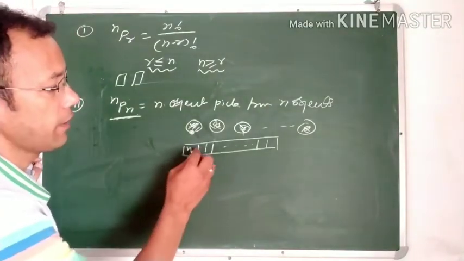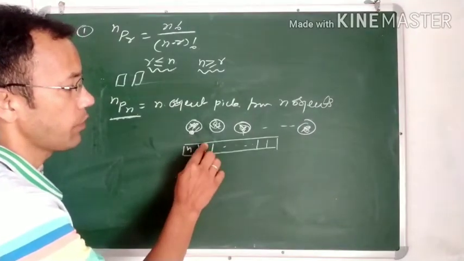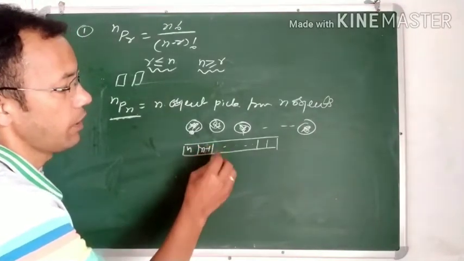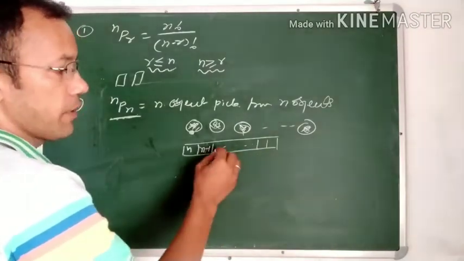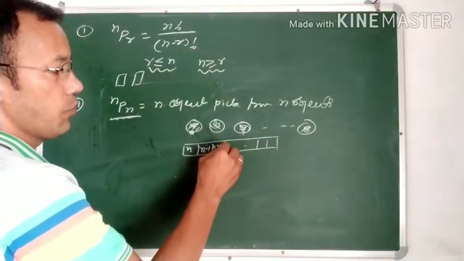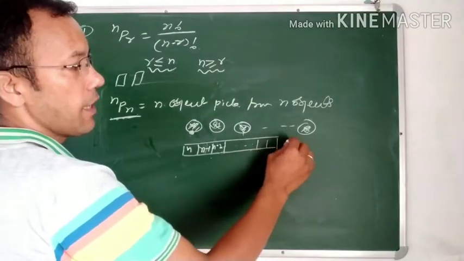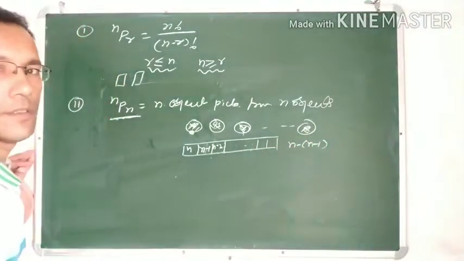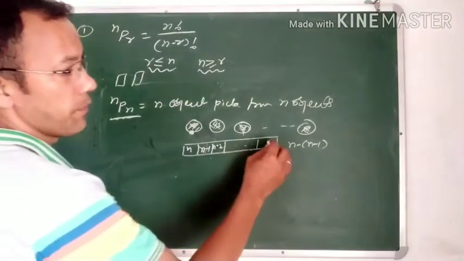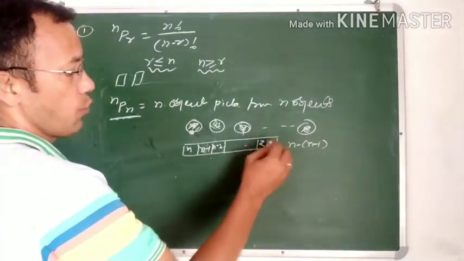So the next one is n minus 1, then n minus 2, n minus 3, dot dot dot, down to 2 and 1.